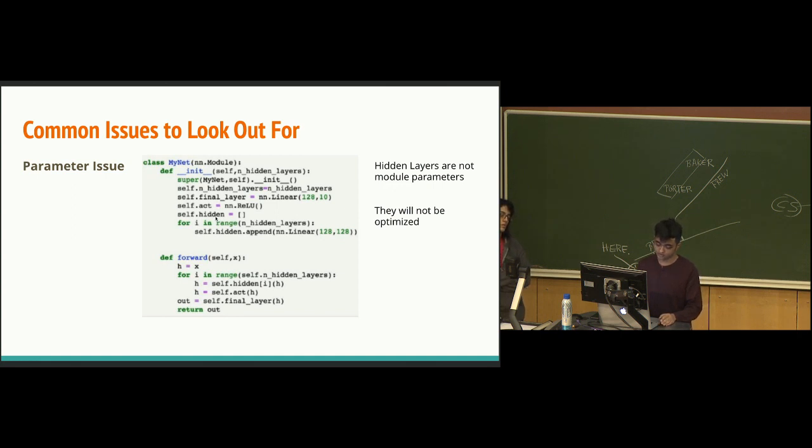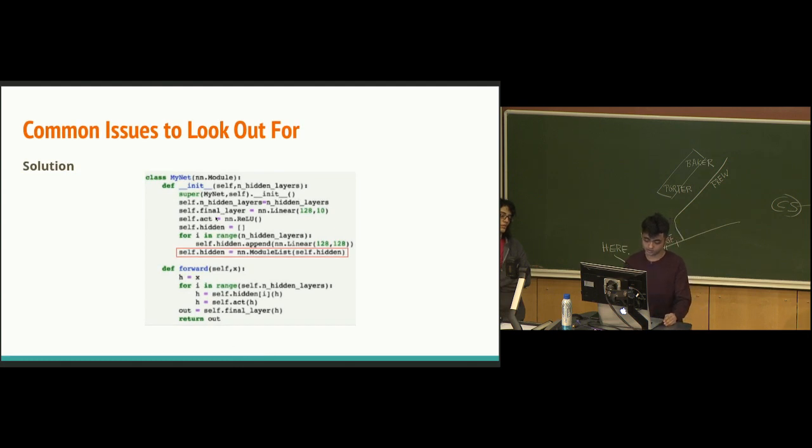To solve that, we just add one more line, and we keep all the linear layers in the hidden list into an nn.ModuleList. When you use any nn.ModuleList class or nn.Sequential class, that tells PyTorch that all the parameters of every layer in that list should be absorbed into the bigger neural network.